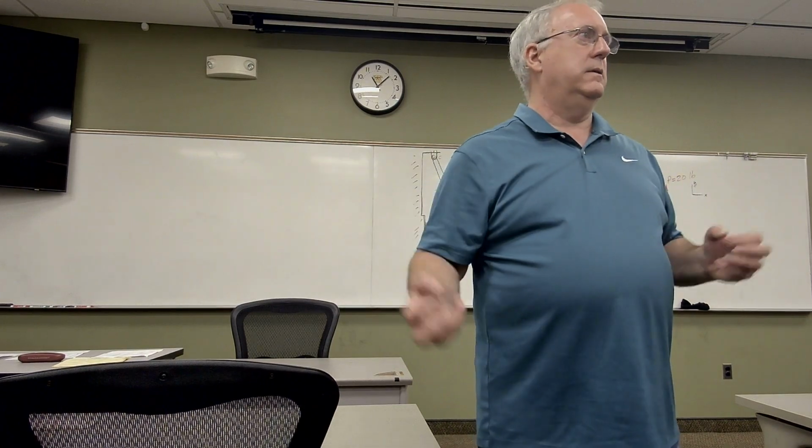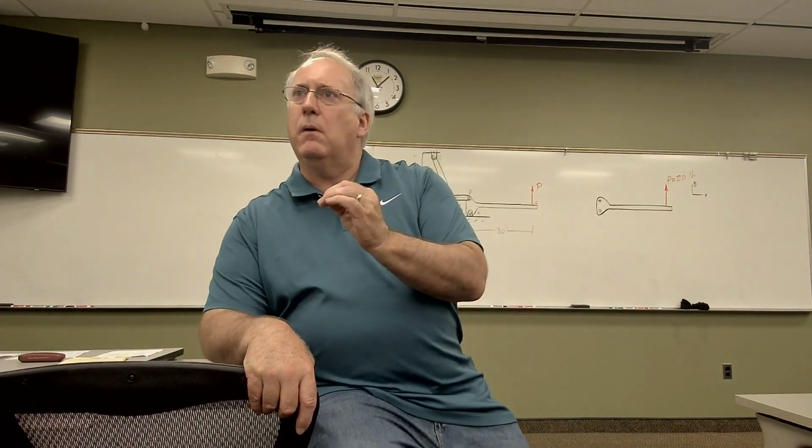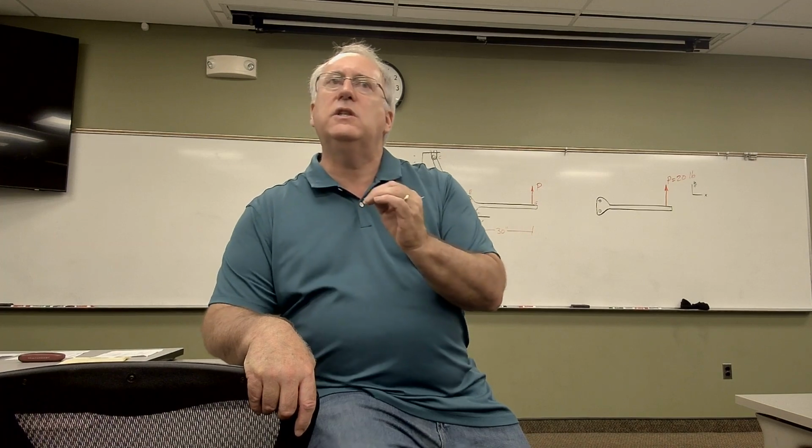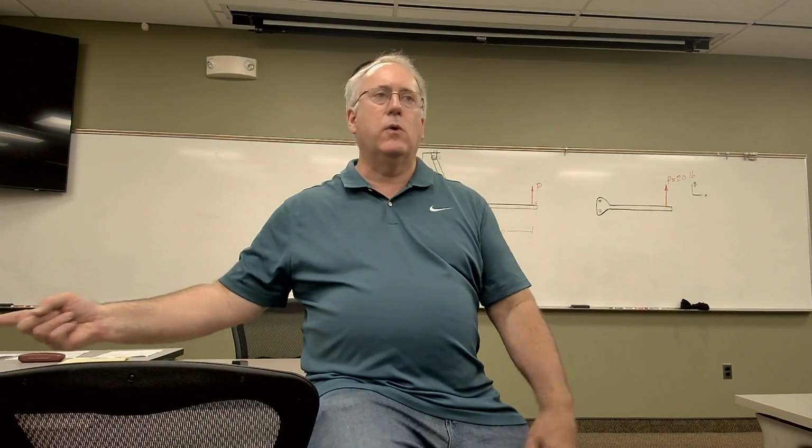The answer is yes, because in reality, there would have to be some level of friction on the pin, right? There's no such thing as a perfectly frictionless connection like that. So would I face resistance to rotation if I'm trying to rotate that about the pin? Yes, I would.